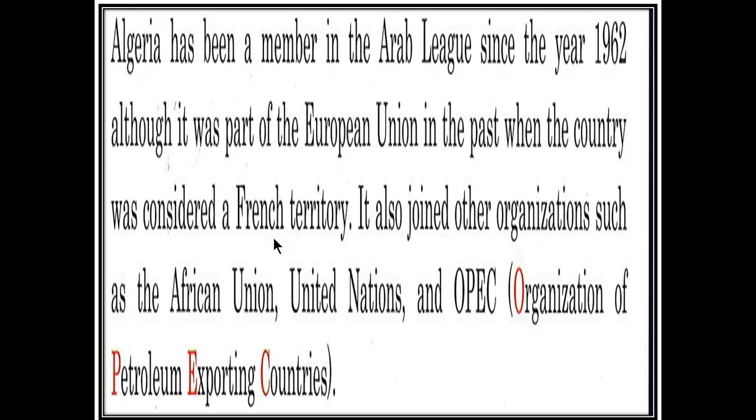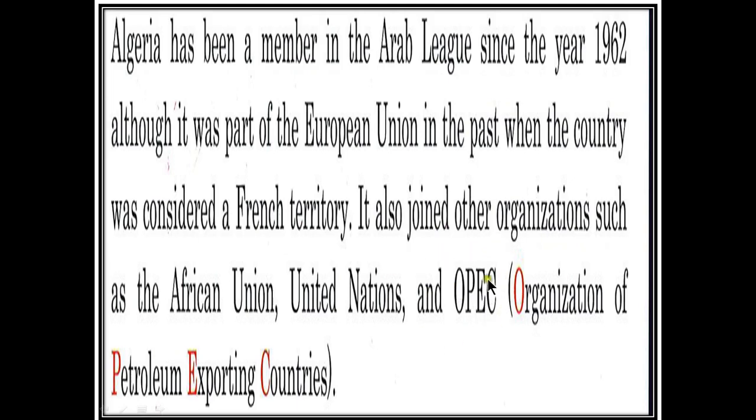So this is Algeria, which has been a member of the Arab League since the year 1962, although it was a part of the European Union in the past when the country was considered a French territory. It also joined other organizations such as the African Union, United Nations, and OPEC, the Organization of Petroleum Exporting Countries.